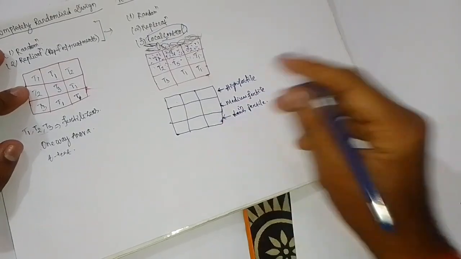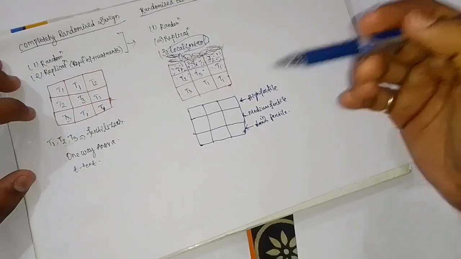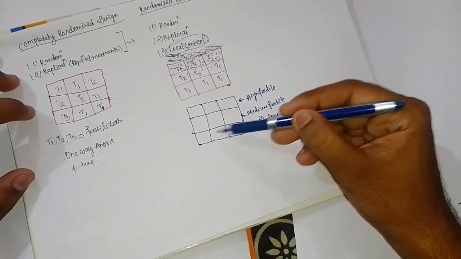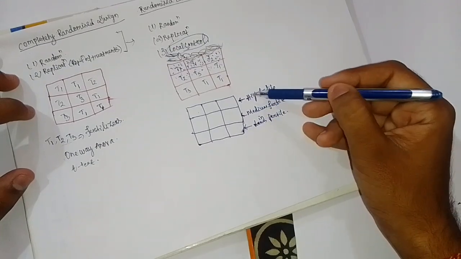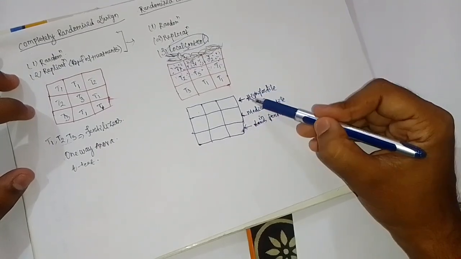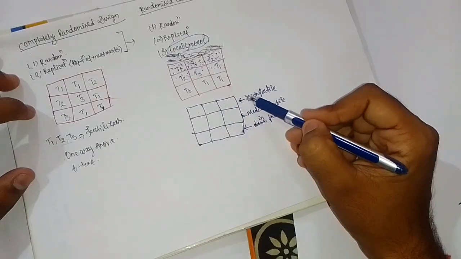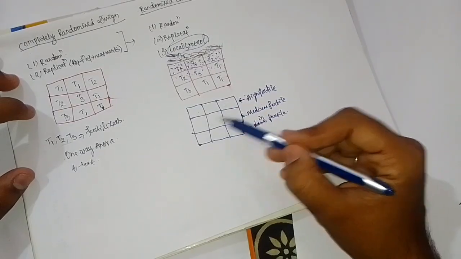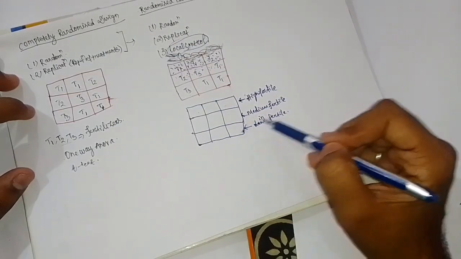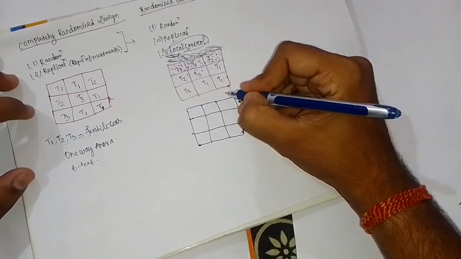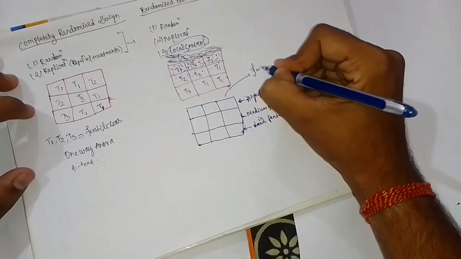So according to the local control principle, we divide our plots into 3 blocks. These 3 are high fertile plots, this has medium fertility, and this is infertile. So here we use one term called fertility gradient.